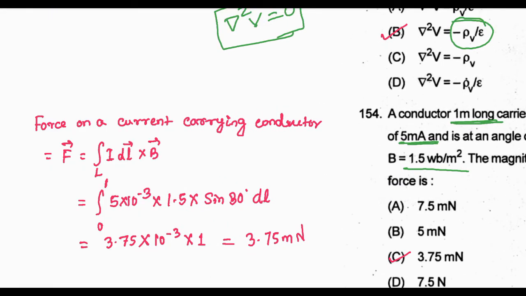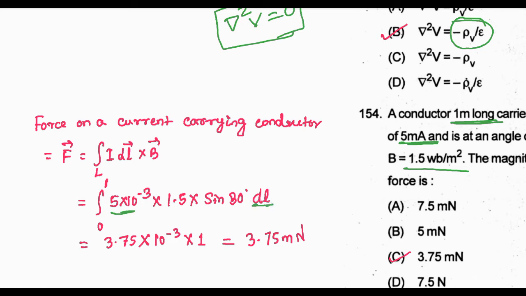Formula is F is equal to integration of I dL cross B. So this will be I dL cross B from 0 to 1, because the length of that current carrier is 1 meter. So 0 to 1, 5 into 10 to the power minus 3, that is 5 milliampere, is I into dL. dL is given here, and what is B?